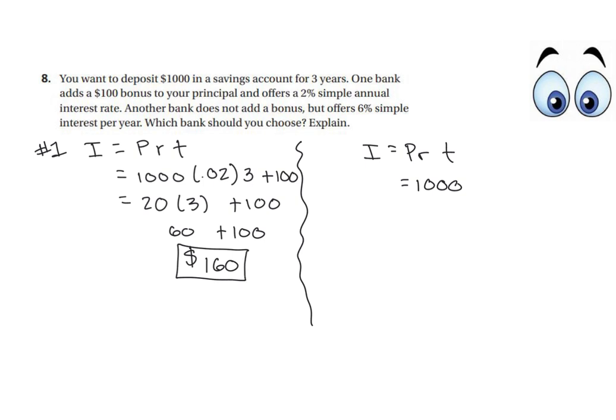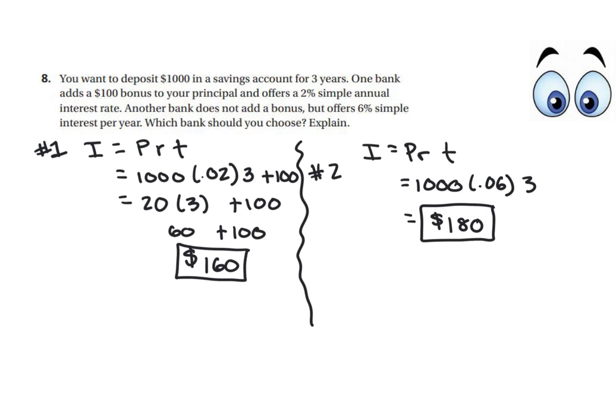So for bank number 2, we have $1,000. We have 6%, which is 0.06, and we have times 3 years. So here we go, $1,000 times 0.06 times 3, and we get $180.